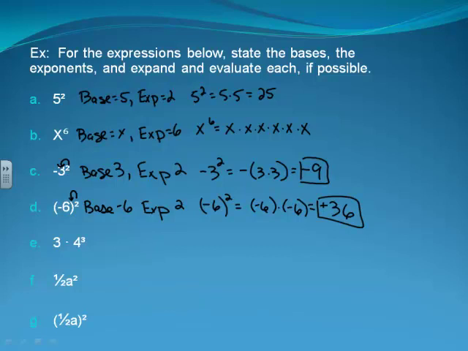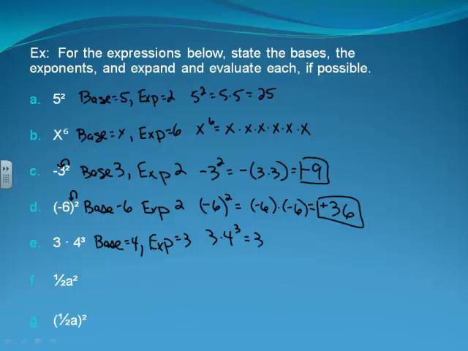36 as our answer. Okay, in this example, 3 times 4 cubed, our base, or the thing that our exponent applies to, is the 4. Our exponent is 3. So 3 times 4 cubed, order of operations says we do the exponent first.